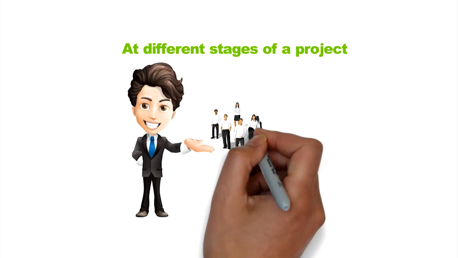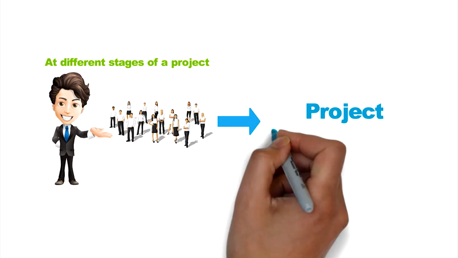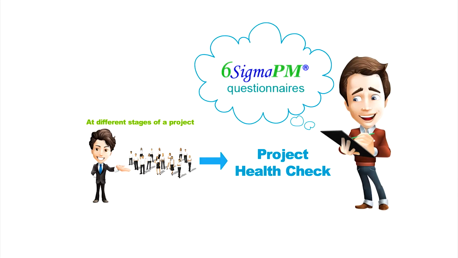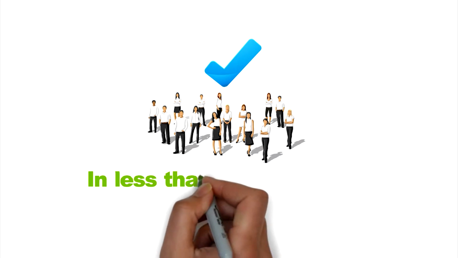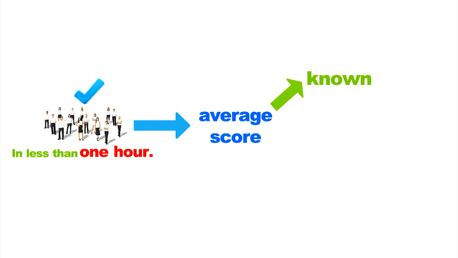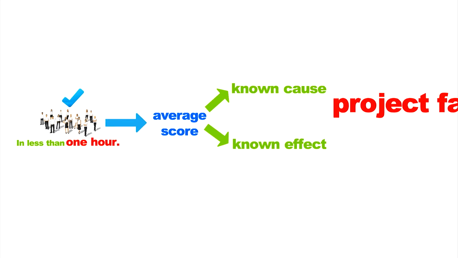At different stages of a project, Patrick instructs his project teams to complete a project health check by taking all of 6 Sigma PM's questionnaires. The whole project team can complete all questionnaires in less than 1 hour. The output is an average score for each known cause and each known effect of project failure.